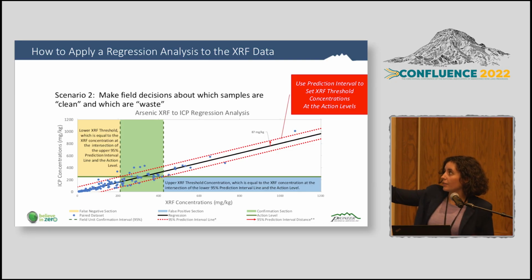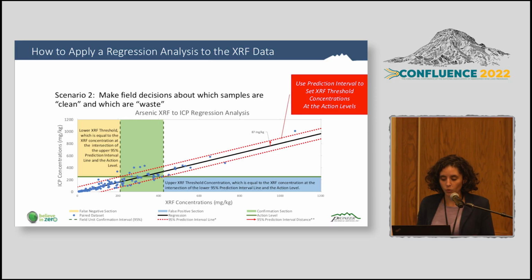For instance, the red dashed lines here: you're 95% sure that future ICP samples will fall between the top and bottom line. And this is different from that confidence on the slope and y-intercept line, in that we are specifically looking at the distribution of points around the regression line.